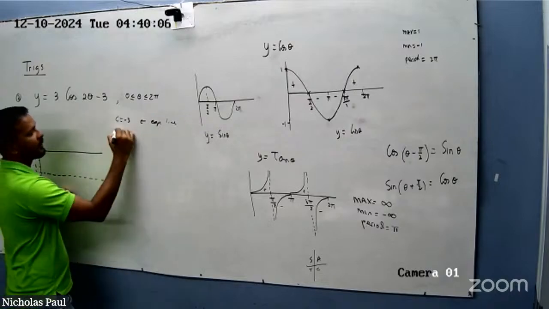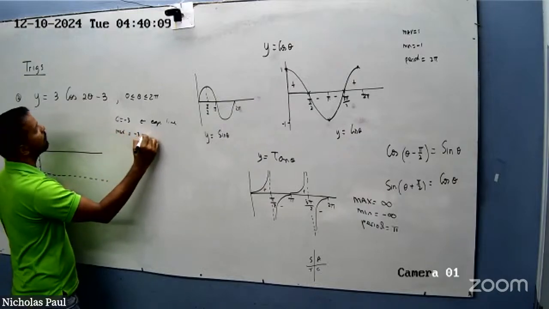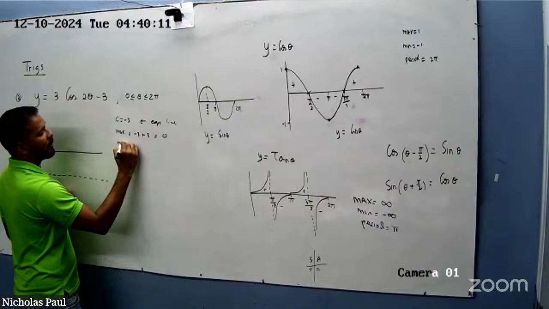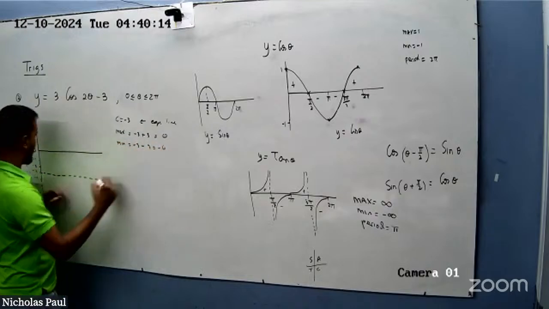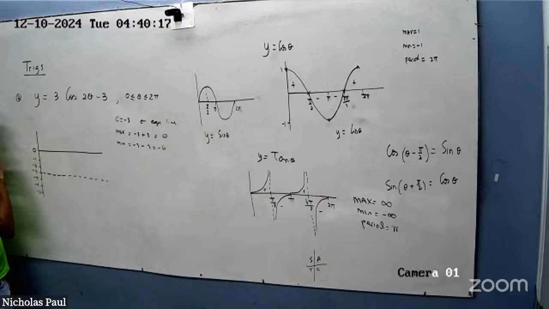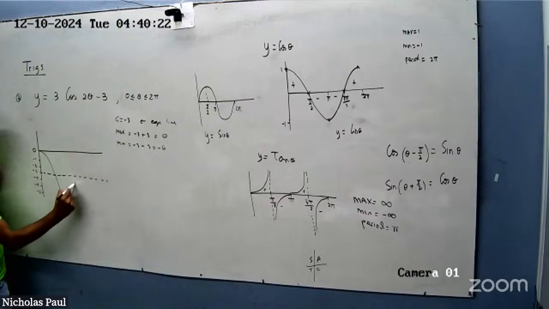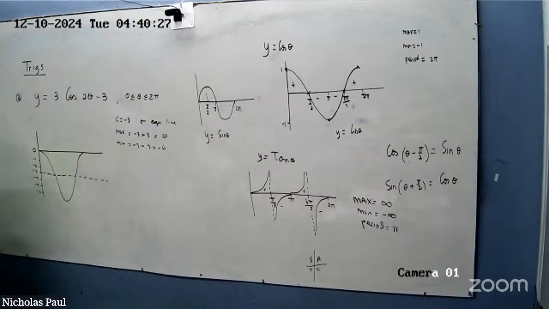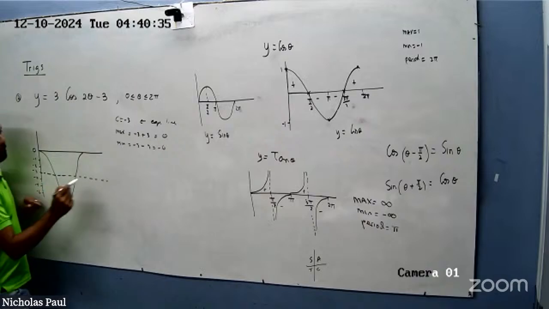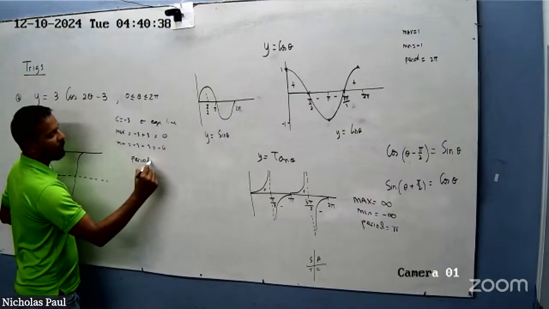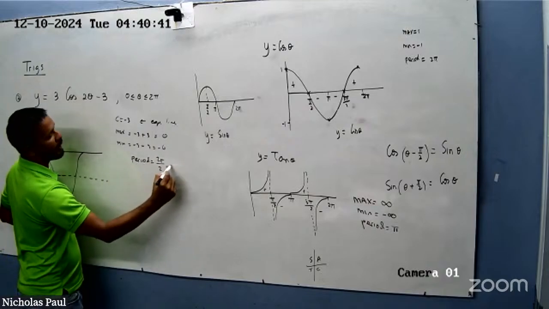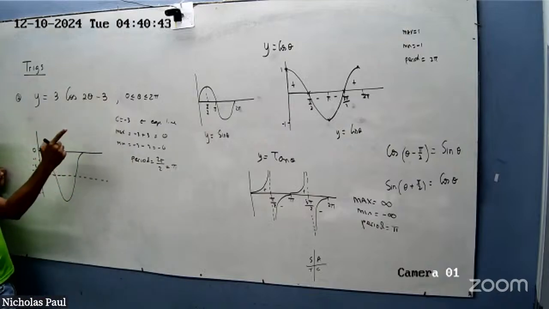The maximum value is C plus amplitude, so that's 0. Minimum value is C minus 3, right? So the cos graph will look like this. But we have a slight problem. The period is equal to 2 pi on 2, so the period is pi. And I asked for 0 to 2 pi.